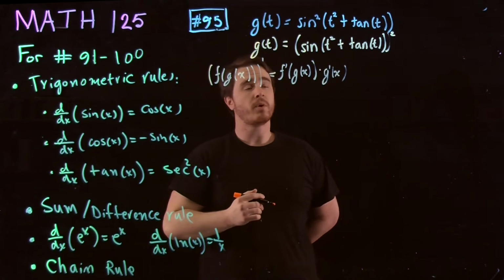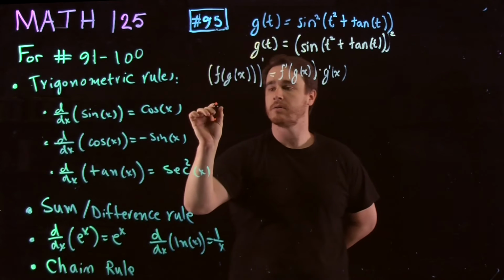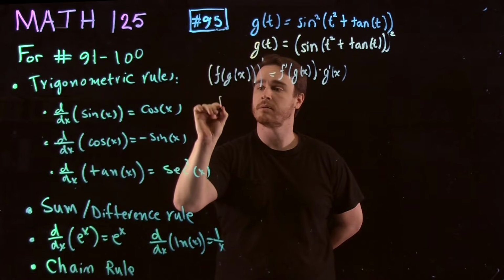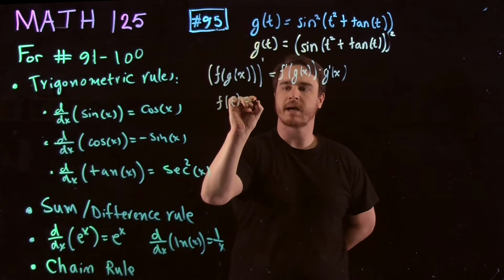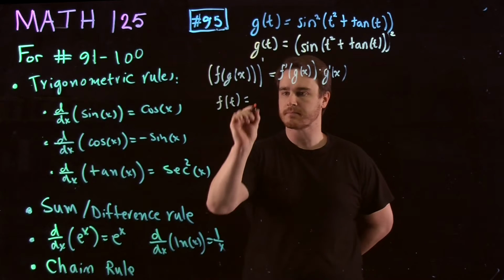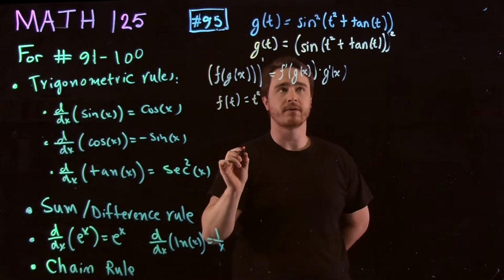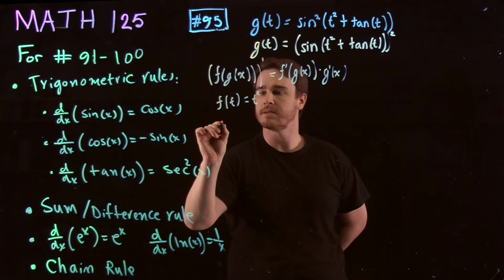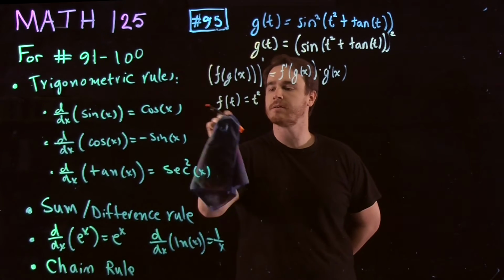So here, our outside function is f of t is t squared.